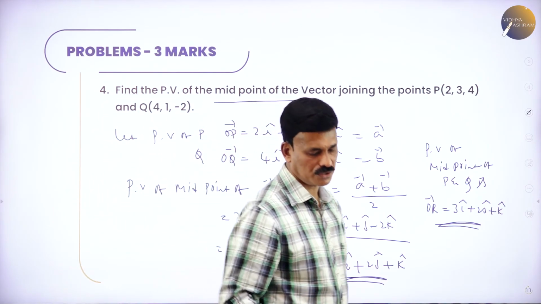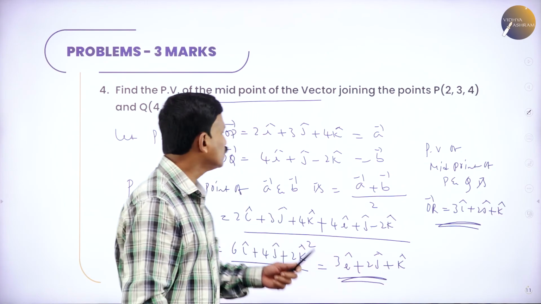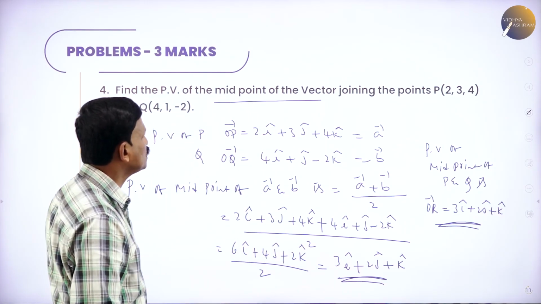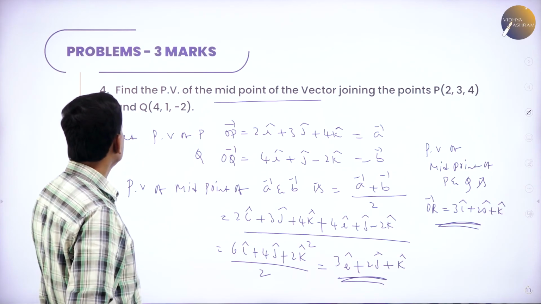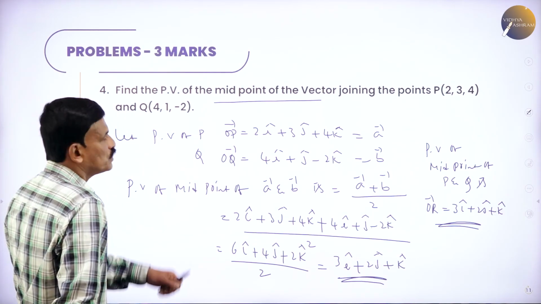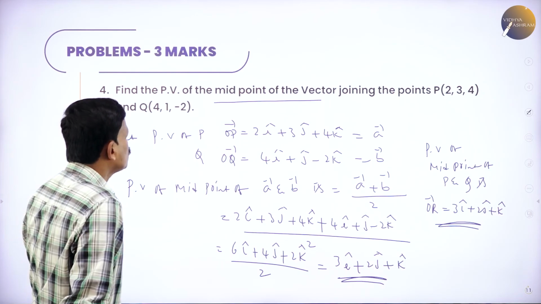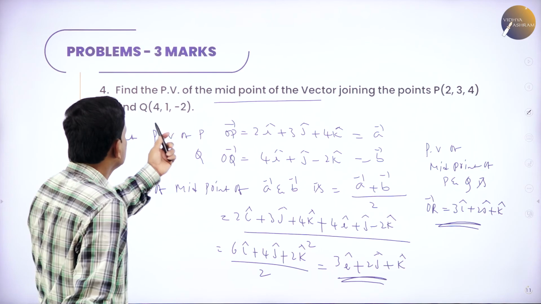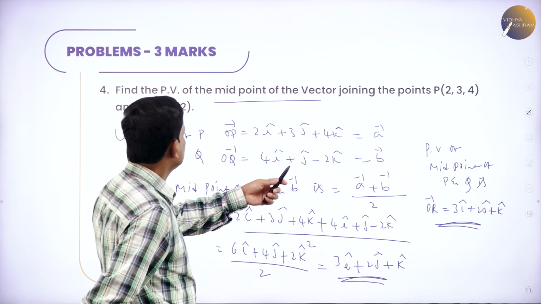Okay, hope you followed. See here, what is the problem given? Find the position vector of the midpoint of the vector joining the points P 2, 3, 4 and Q 4, 1 and minus 2. The position vector of P is OP equal to 2i plus 3j plus 4k, and the position vector of Q is OQ equal to 4i plus j minus 2k.